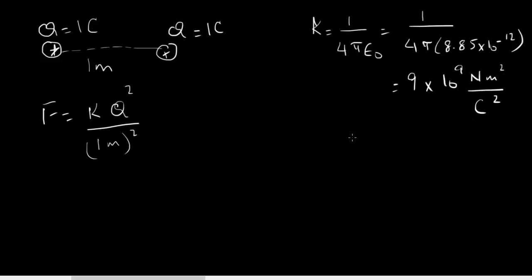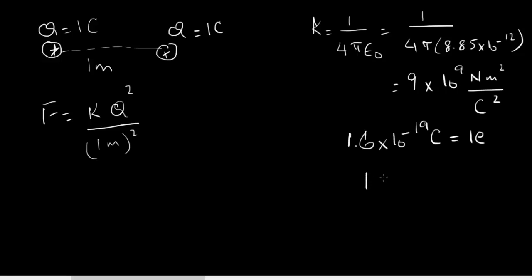Charge is measured in coulombs, and the charge on an electron is equal to 1.6 times 10 to the minus 19 Coulomb. That is the charge on one electron.